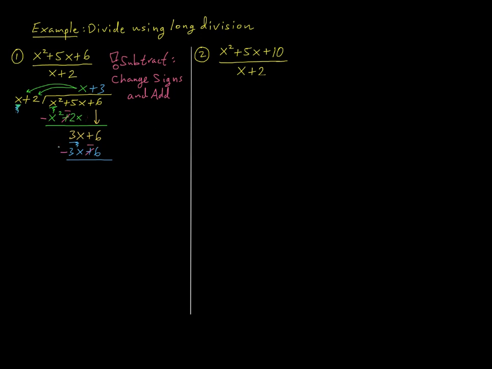Notice when we do that, everything cancels out, and I'm left with a 0 remainder. Now to write down our final answer, our quotient is x plus 3. I could write plus 0, the remainder, divided by the divisor x plus 2, but since the remainder is 0, I'm just going to leave this as x plus 3. So we would be done there.